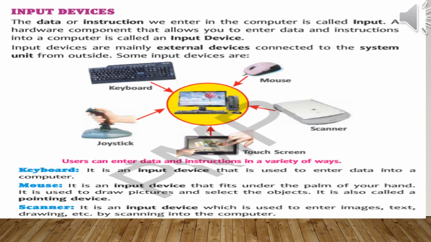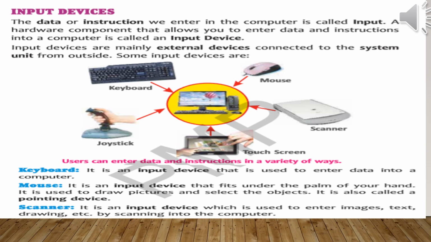Then comes the scanner. We can take the picture, or say scan the picture, using any smartphone, or any scanner device attached to the printer. What is the work of scanner? Scanner actually helps to enter the images or text or drawings into the computer.